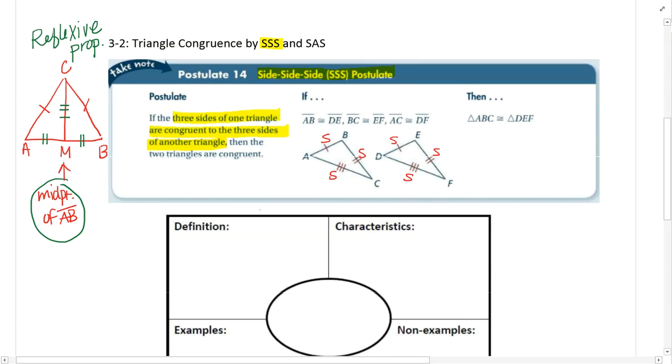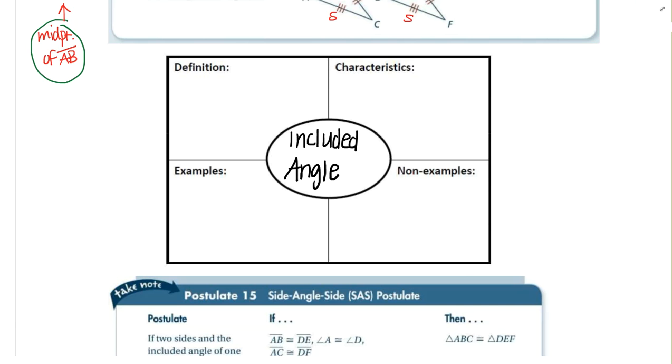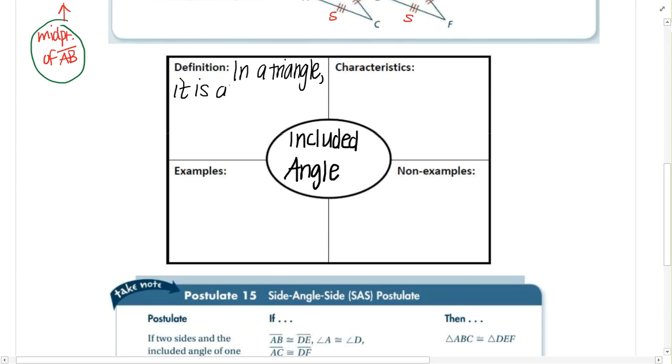All right, let's look at side angle side now. But first we need to get to a definition. And that definition is an included angle. Okay, so what is an included angle? Well, in a triangle, it is an angle in between 2 given sides.